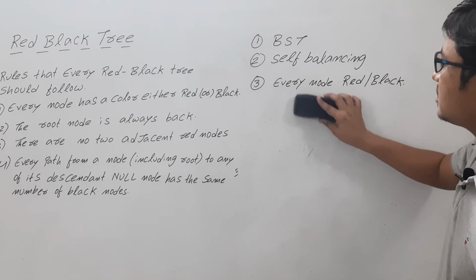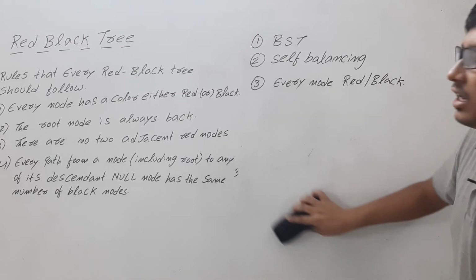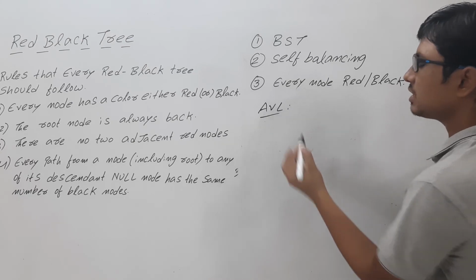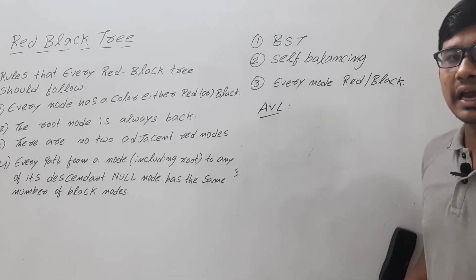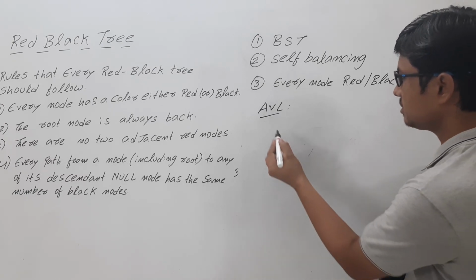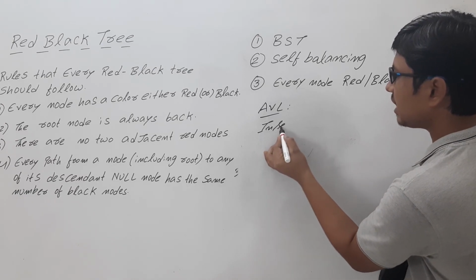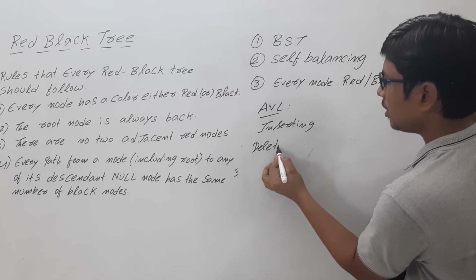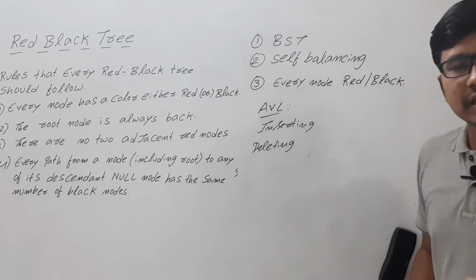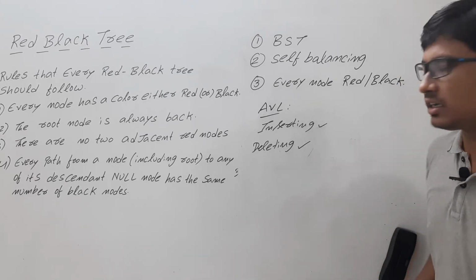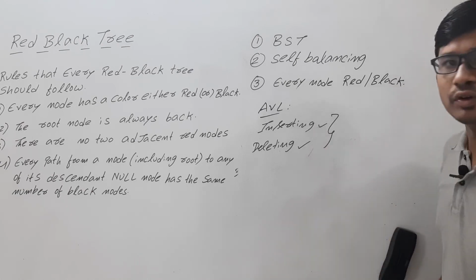Now let me discuss what is the drawback of the AVL tree and how the drawback is overcome in the red-black tree. The drawback in the AVL tree is that when we are inserting data into or deleting data from the AVL tree, inserting any element or deleting any element will create a lot of rotations.